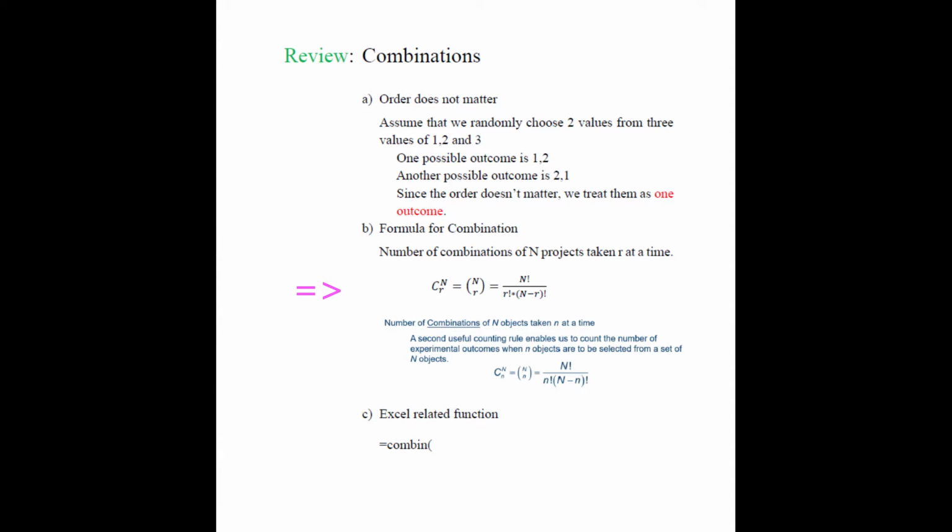B. Formula for combination. The textbook uses capital N, small n, but we think it's better to use capital N and small r. So we choose r from N objects. The total unique choices is N factorial divided by r factorial times N minus r factorial.